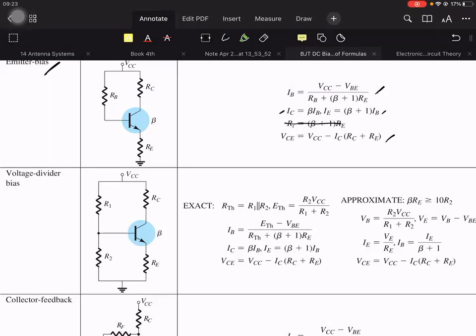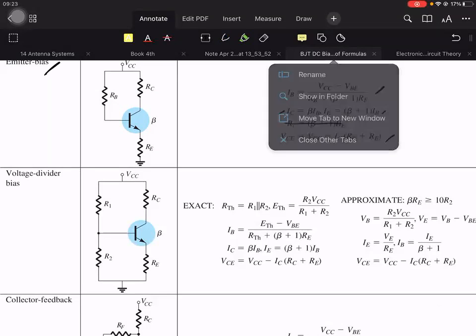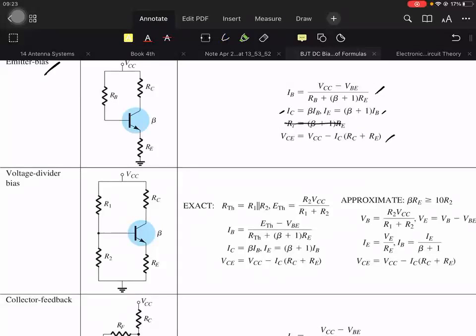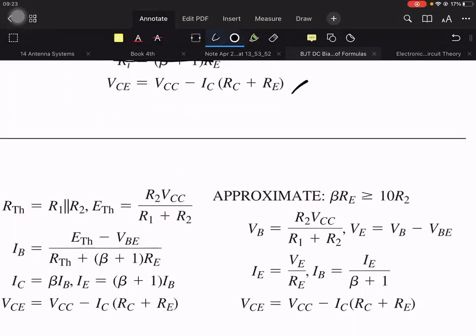Let's try the approximate. Will this condition be satisfied? We can't directly use approximate analysis unless this condition is satisfied. Is beta RE greater than or equal to 10 times R2? Let's find out.